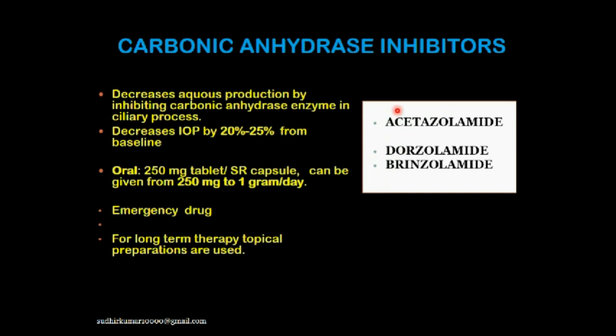Acetazolamide is also an emergency drug, but long-term therapy with this oral carbonic anhydrase inhibitor is difficult because it has certain problems. But dorzolamide and brinzolamide are used for long term also.